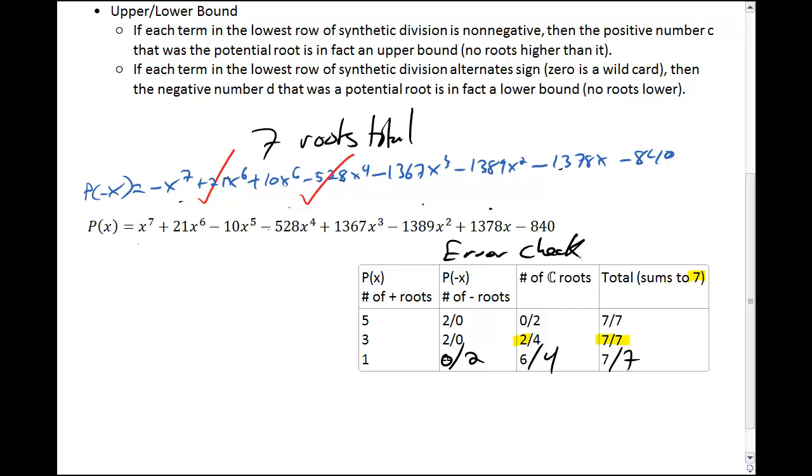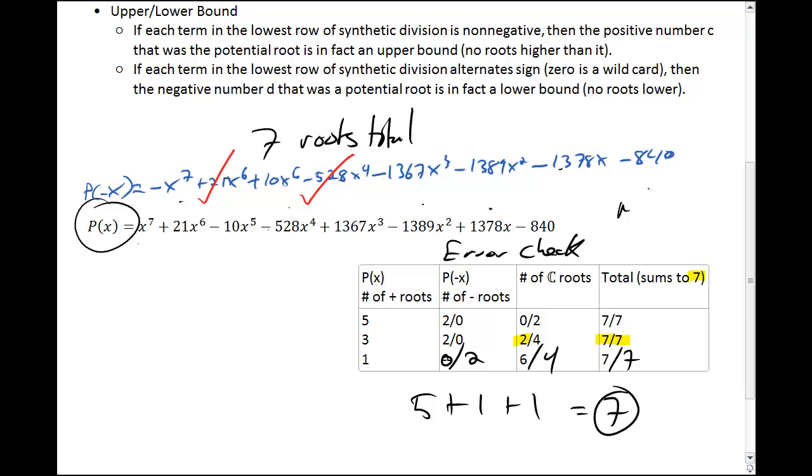If someone walks up to you and says, look, I factored p of x, and in fact it has 16 roots, you're going to say you lie. That doesn't make any sense. If, on the other hand, I'm factoring something, I say, look, I've got 5 positive roots, and I've got 1 negative root, and I've got 1 complex root. That equals 7. You still know they're lying.